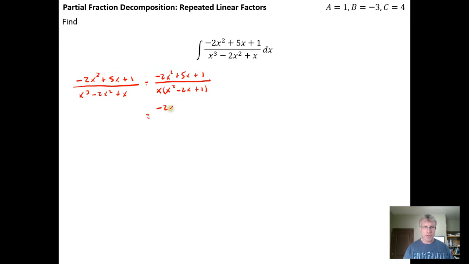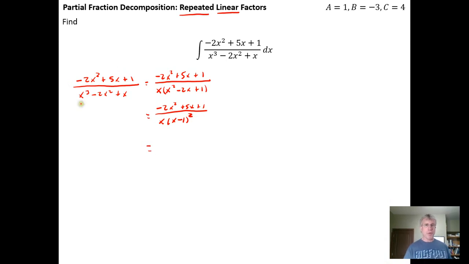So if I rewrite my denominator, I can factor this as x minus 1 times x minus 1. But x minus 1 times x minus 1, which is a repeated linear factor, which is the case that we're looking at here, can just be written as x minus 1 quantity squared.